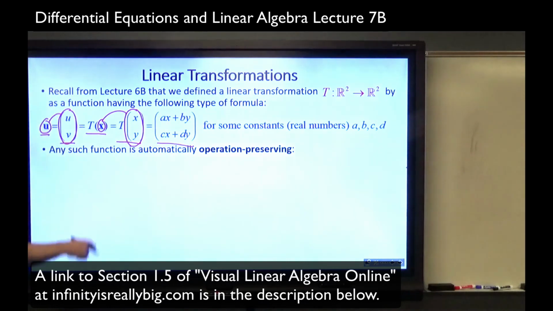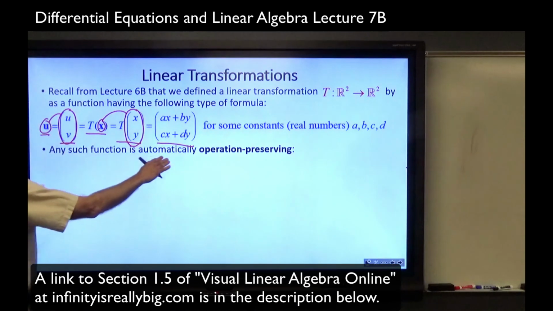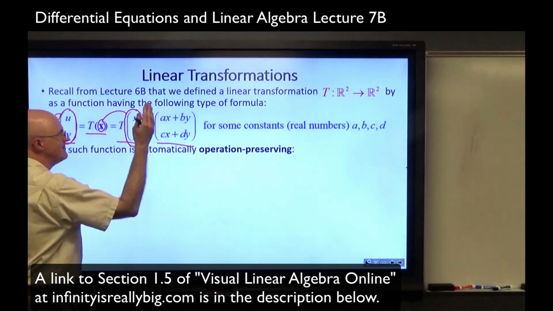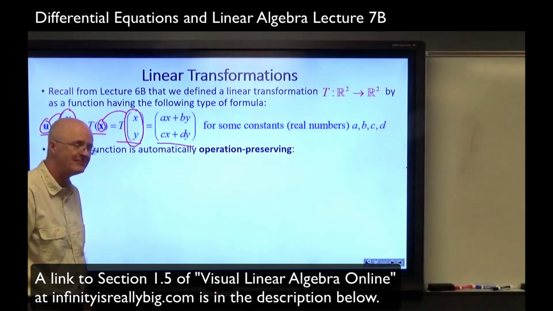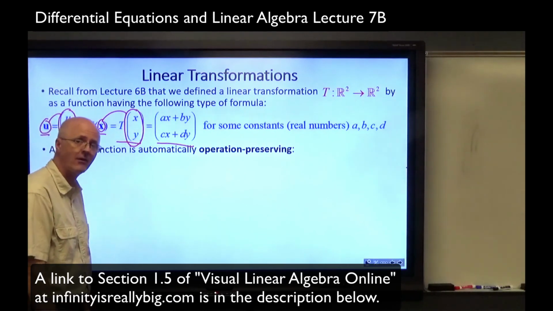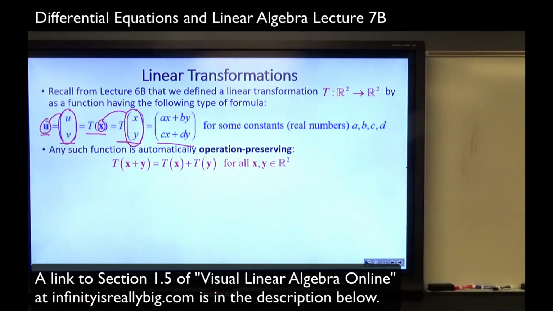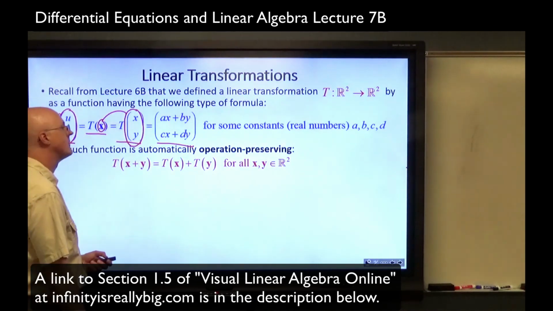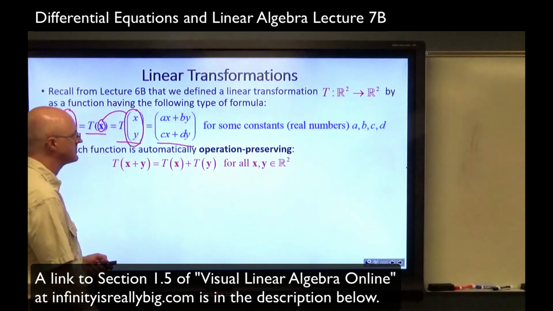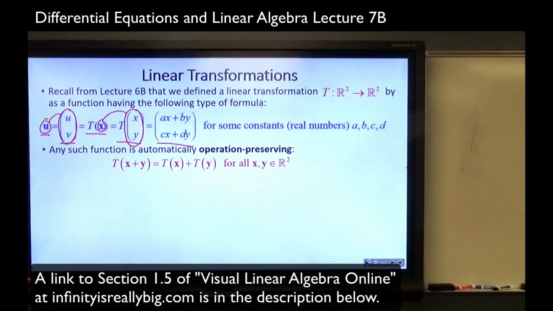And this is the key thing. Any such functions automatically satisfy these properties, which are operation preserving. You can't add constants in here that are non-zero and keep these properties. T of x plus y is T of x plus T of y for all vectors x and y in R2, 2-dimensional space. Think of them as column vectors, 2x1 matrices if you want.